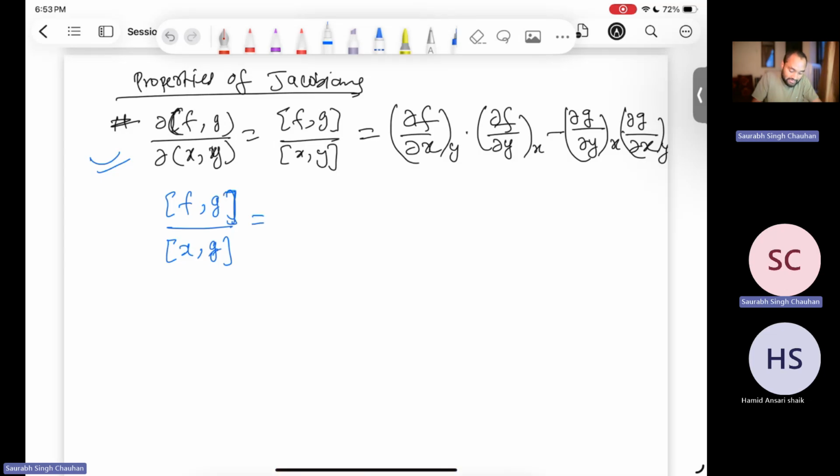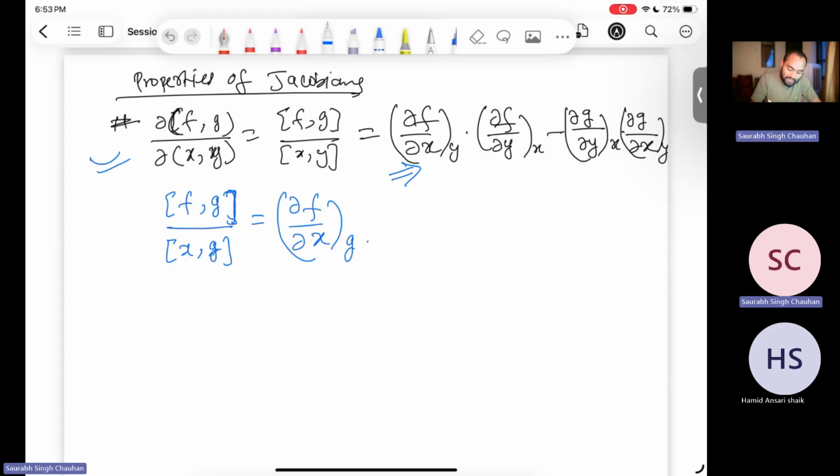If you put g in place of y in this particular expression, you will be left with this thing. This is not rocket science. You just need to replace y by g, and you will get this particular expression.